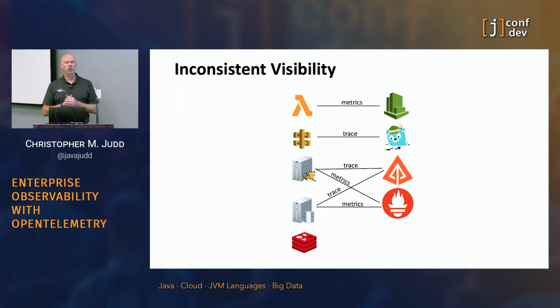So let's talk about some of those challenges of why we might need something like OpenTelemetry. Well, what I've seen oftentimes is different pieces of software, whether you wrote them, they're commercial products, or they're from a SaaS provider or your cloud provider, might use different tools and technologies for gathering this type of information, the distributed tracing, the logging, and the metrics.